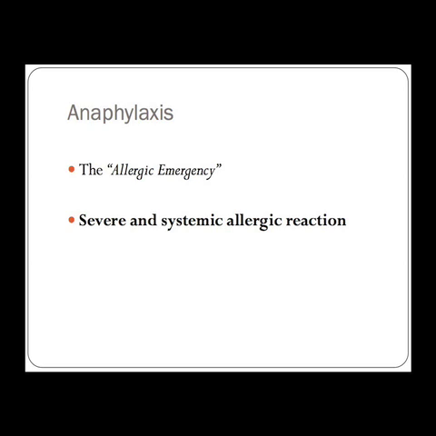There may also be GI involvement, causing nausea, diarrhea, vomiting, and characteristically an impending sense of doom. Skin involvement varies from a simple itch, erythema, right up to full-blown urticaria and angioedema.